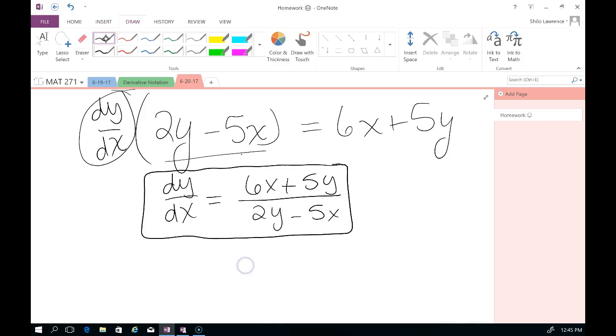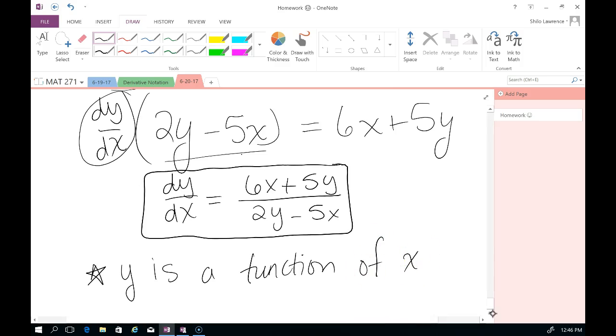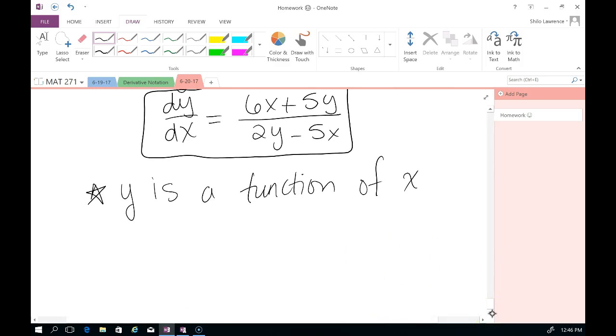So the key here, and we'll do some more examples next class, the key is to remember that y is a function of x. And anytime you're asked to differentiate with respect to x or find the derivative with respect to x, you apply all normal derivative rules on the x's. You're also going to apply your derivative rules on the y's, but you have to treat y like a chain rule.